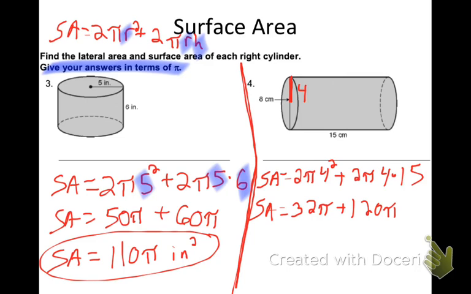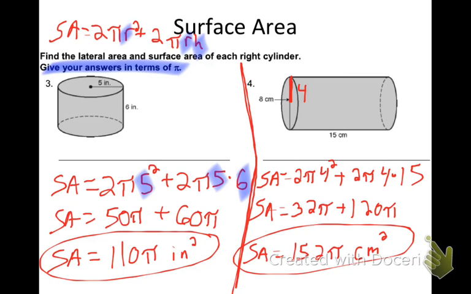So 32 plus 120 pi gets me my surface area of 152 pi centimeters squared. Lateral area would be the second half of that, so 120 pi. That would be the lateral area.